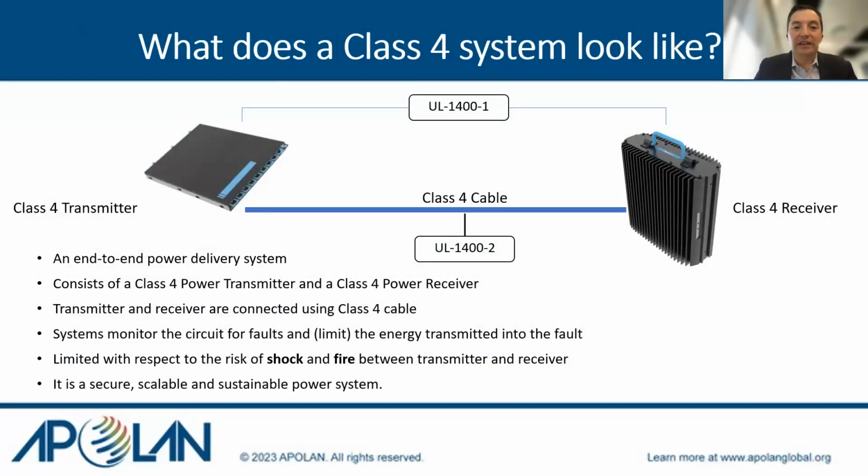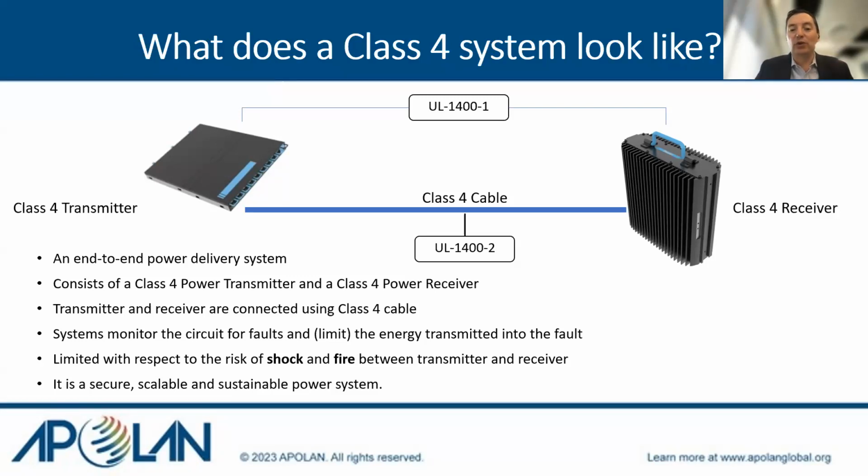This is how the system looks like. We have a transmitter and we have a receiver. Between them, we have a class or the standard, as I mentioned before, is the UL 1400-1. We have the devices, which are the transmitter and the receiver, and between them we have the cable.